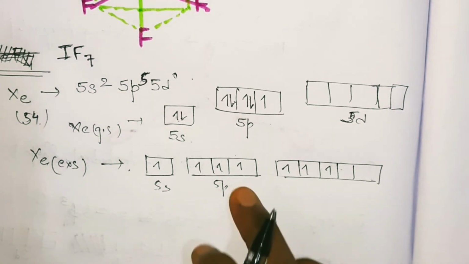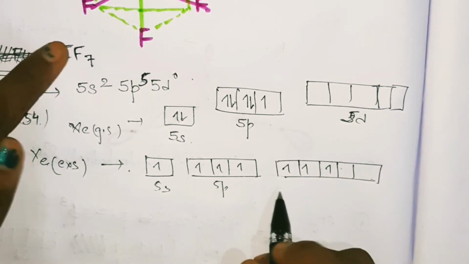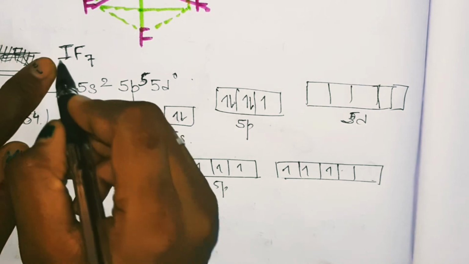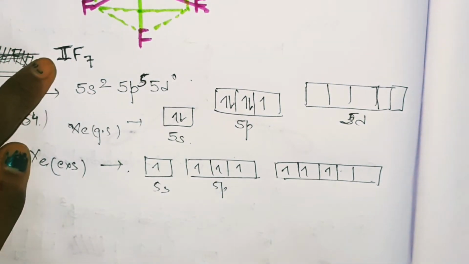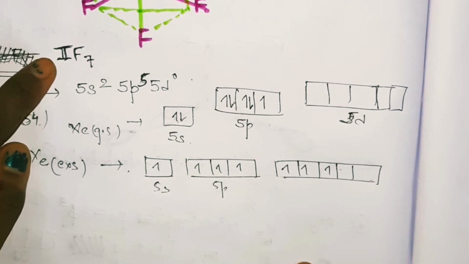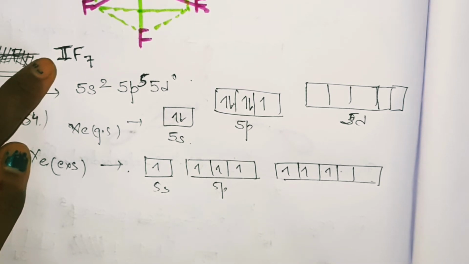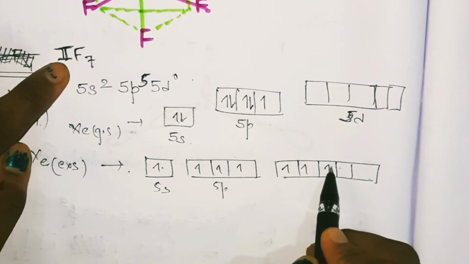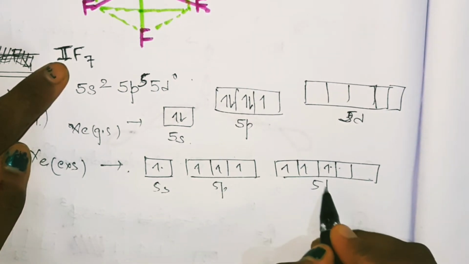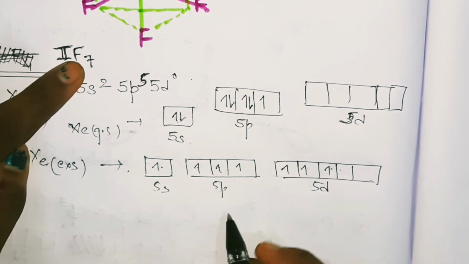Now see here, because here it is 7 fluorine atoms bonded to iodine. You know, iodine is nothing but a halogen which comes in a higher period, so it is greater in size. So 1, 2, 3, 4, 5, 6, 7. So already we get 7 homes for fluorine when it is bonded.